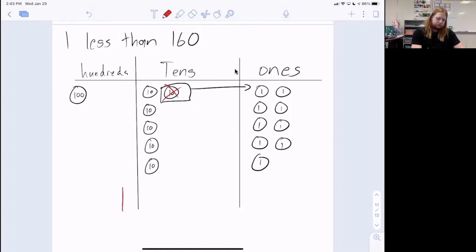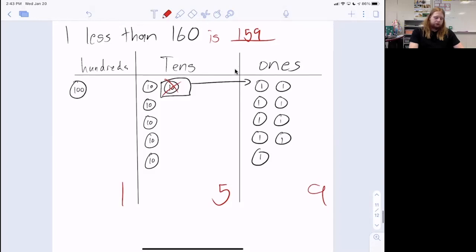So a 1. 10, 20, 30, 40, 50, 60, 70, 80, 90, and 1, 2, 3, 4, 5, 6, 7, 8, 9. So 1 less than 160 is 159.